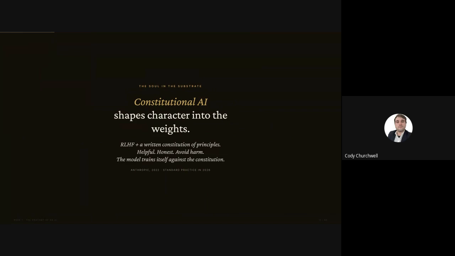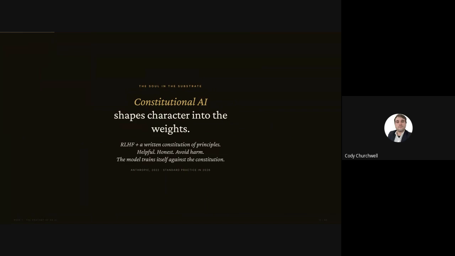Humans look at the model's outputs and rate them good or bad. The model is then retrained to produce more outputs humans rate as good. That's where the model goes from knows everything to behaves like an assistant. It's where helpfulness, honesty, and the refusal patterns actually get installed.